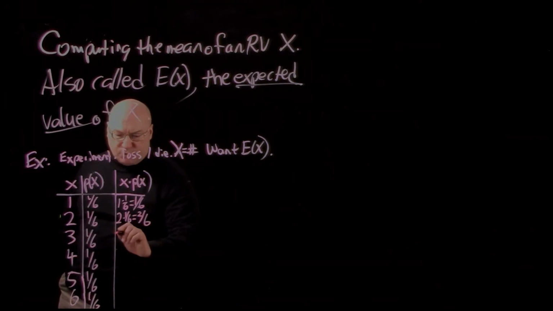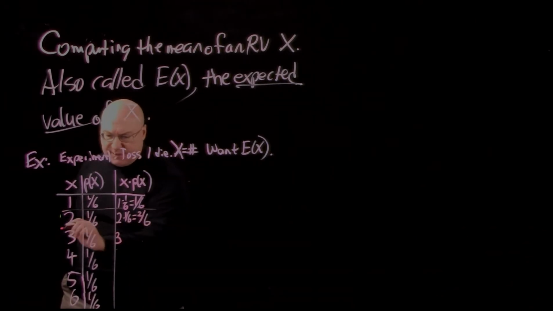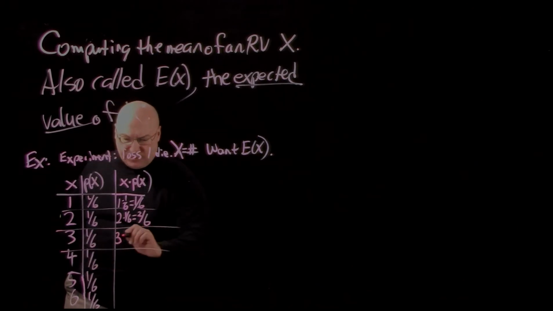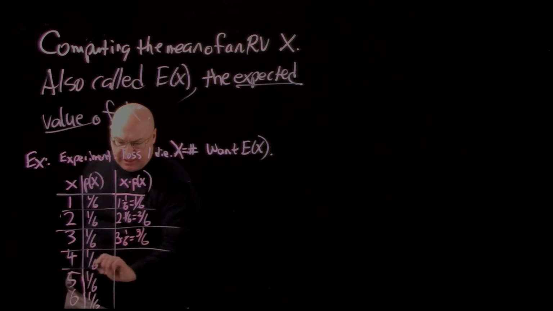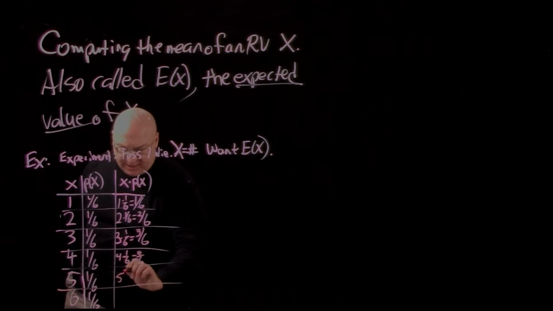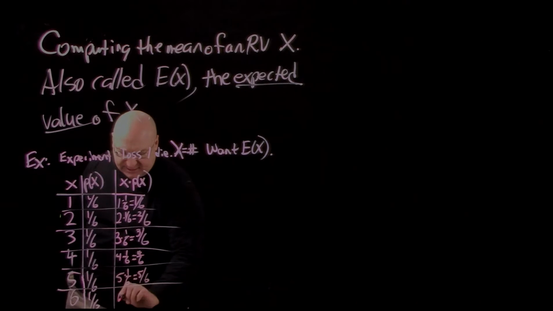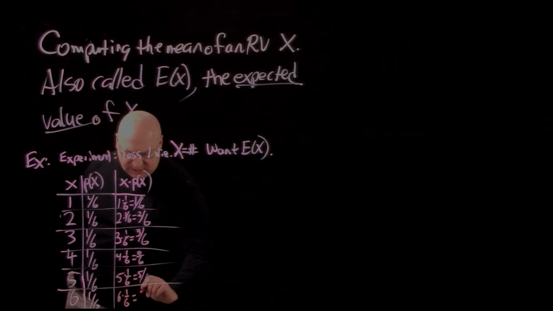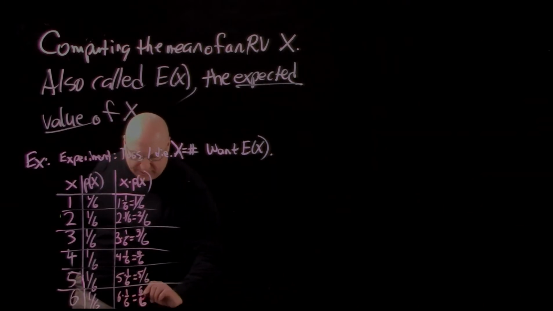I'll take 3 times 1/6, and that'll be 3/6. I'll take 4 times 1/6, and that'll be 4/6. I'll take 5 times 1/6, which will be 5/6, and I'll take 6 times 1/6, which gives me 6/6 or 1, right?